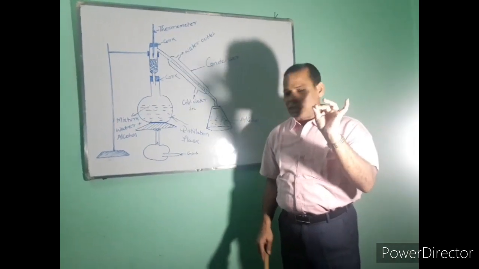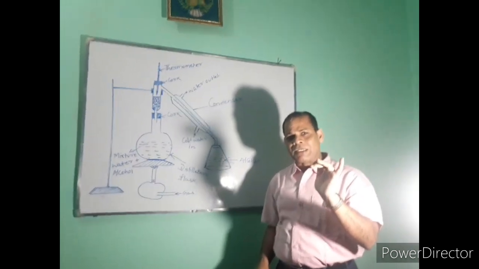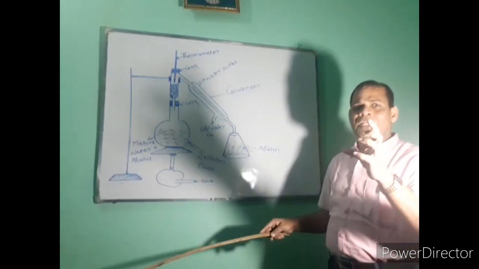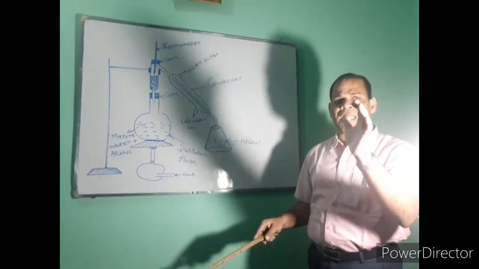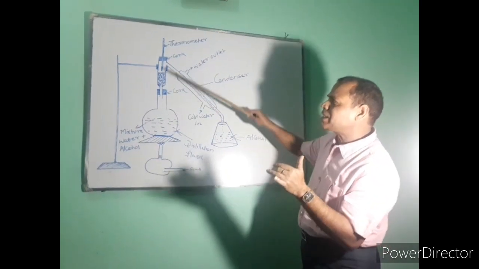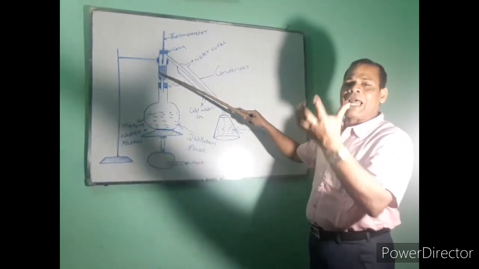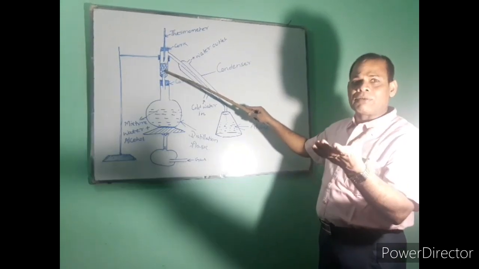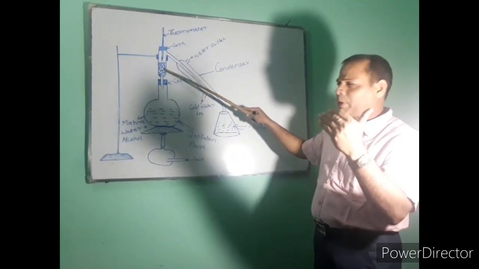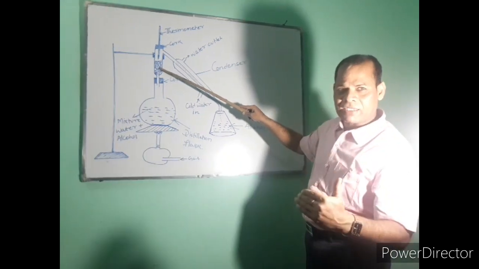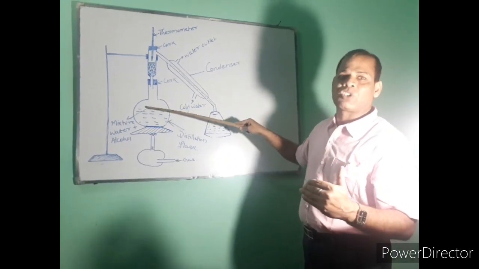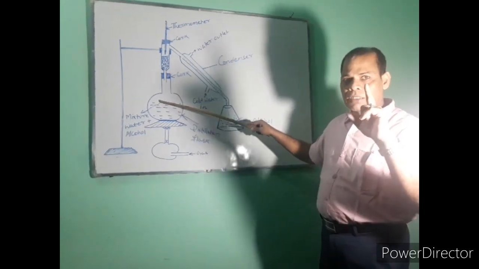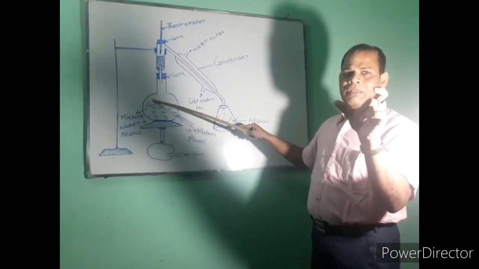But the liquid which has a little higher boiling point, its vapor has less kinetic energy. As it rises up, its kinetic energy reduces, and those vapors come back into the distillation flask. So please, my dear students, make it very much clear.